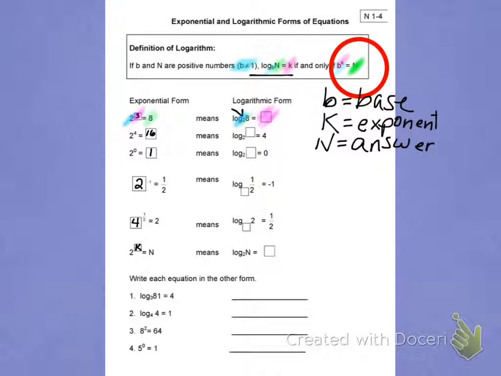So what goes in that box will be a 3. Again, look where things are in one formula and put them in the other one. So our base over here is 2. Base 2 of 16 equals the exponent, which is 4.